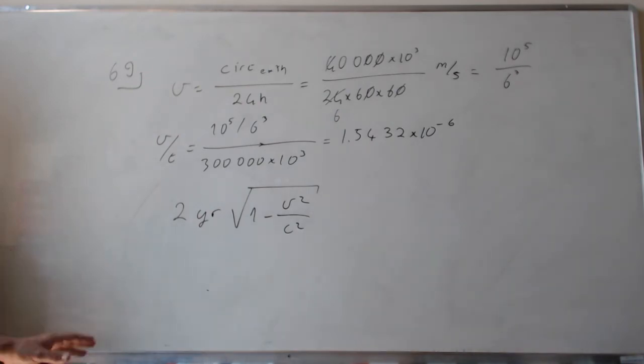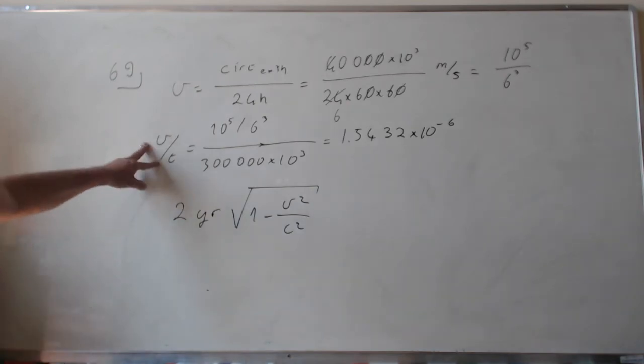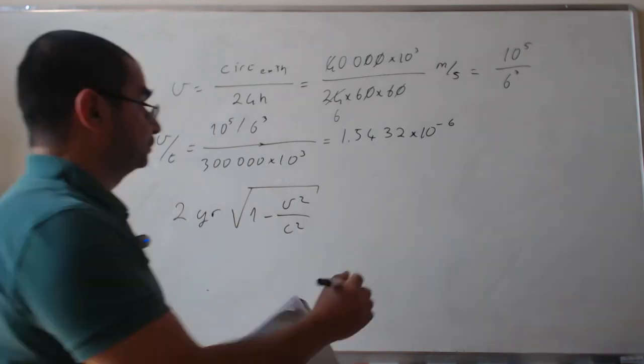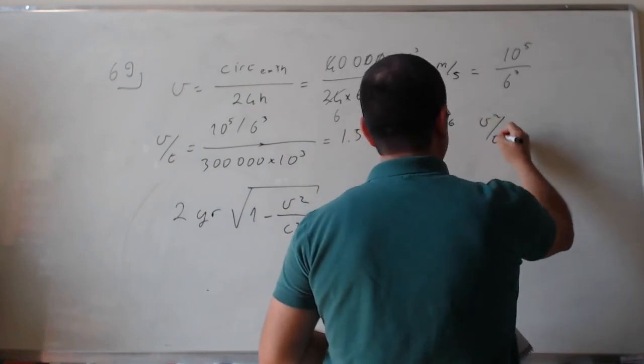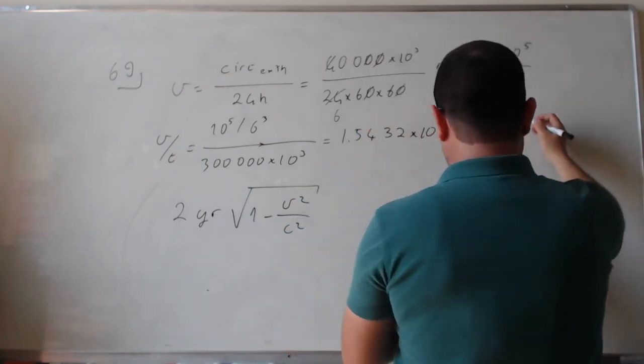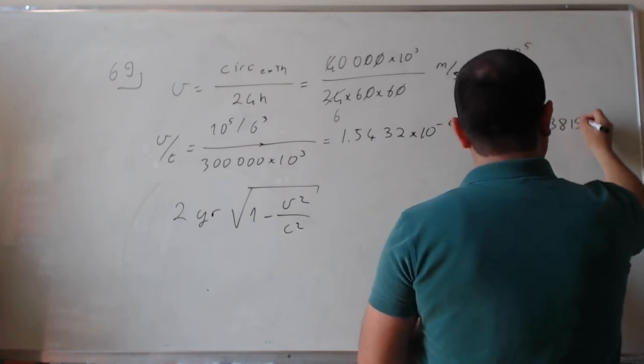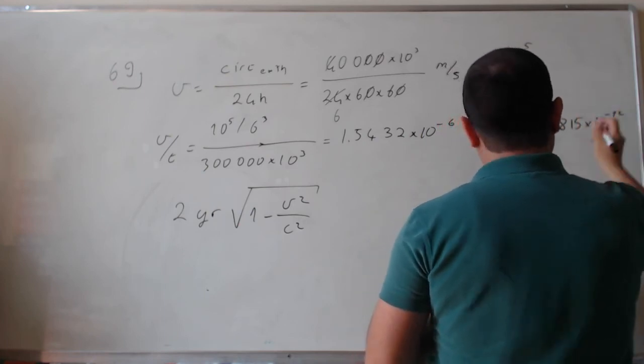And they're asking us to use the binomial expansion. So this is a small number. Its square is small with respect to 1, its square is going to be even smaller. So did I calculate the square as well? Yes, I did. So v square by c square is going to be equal to 2.3815 times 10 to minus 12.